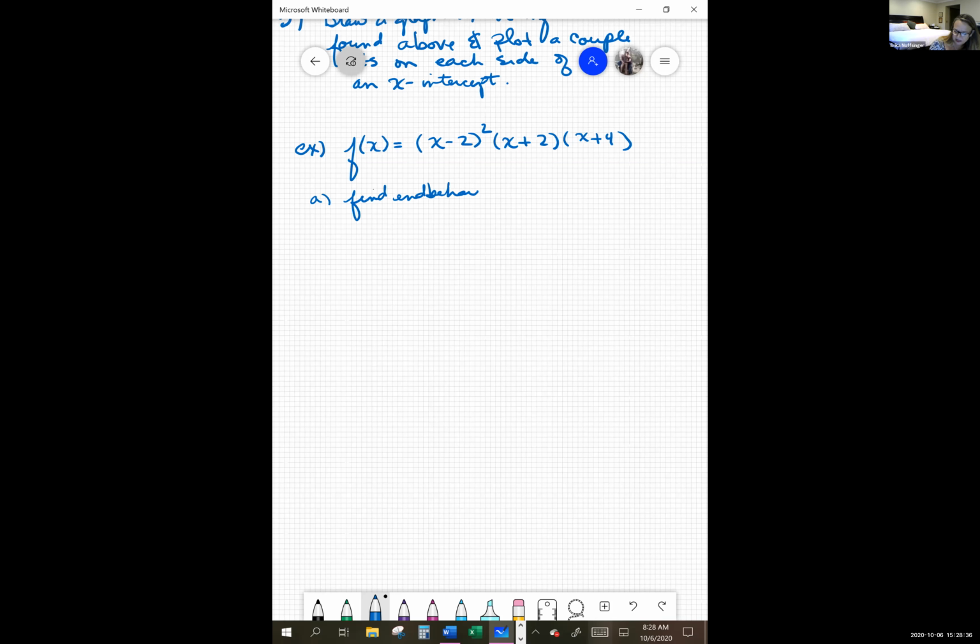Let's find the end behaviors of this graph. What would that degree be? Could you figure out what that degree is, and what the leading coefficient would be, without having to go through and expand that whole thing?